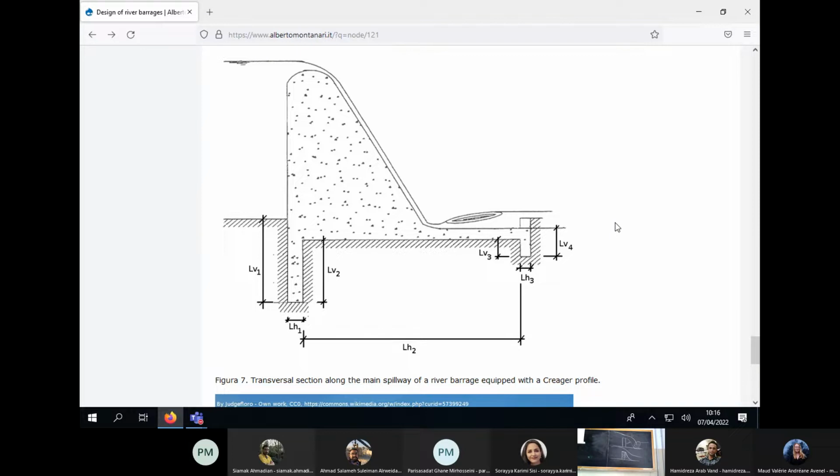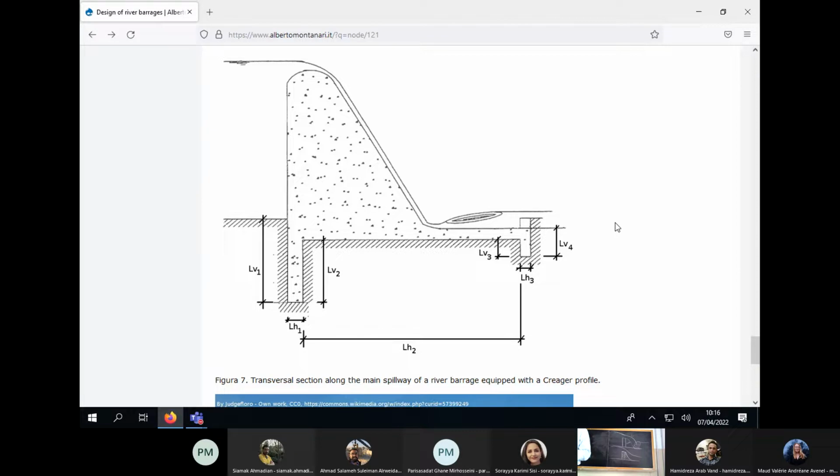This is the vertical path, and then there is a horizontal path, which is given by LH1 plus LH2 plus LH3. Of course, the longer this path, the better. So this is why the cutoffs are sometimes pushed very deep, like 20 meters. Sometimes it happens because we also have the technology for realizing very deep cutoffs.